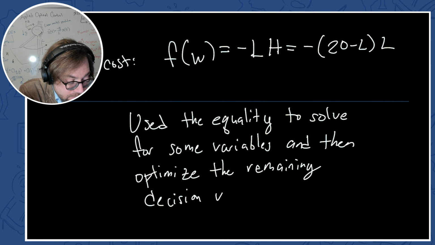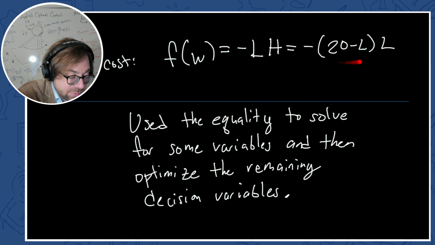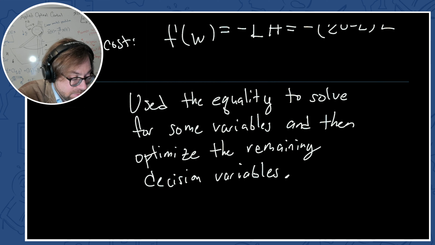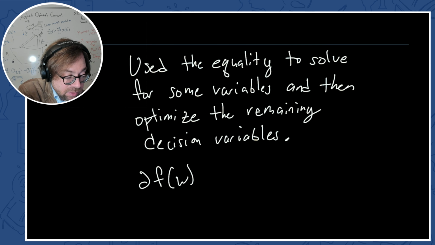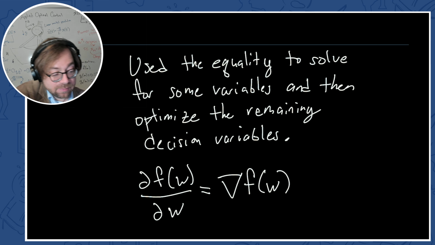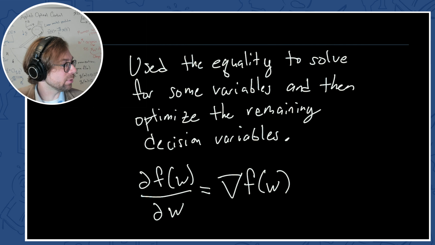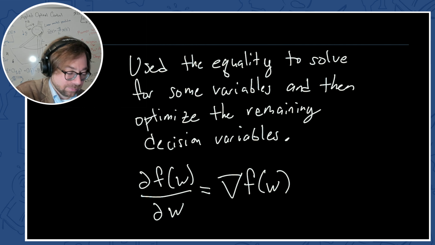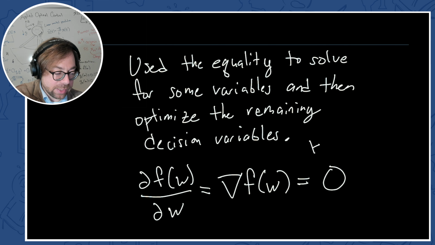Right? That's what we did. And so what we said is, hey, we have some cost function here. We would then solve for the first order necessary conditions, which are taking the gradient, which, by the way, you could always list with that symbol right there. Okay, the upside down triangle is your gradient, your capital Del. And you have to set that equal to 0. That's your first order necessary condition.